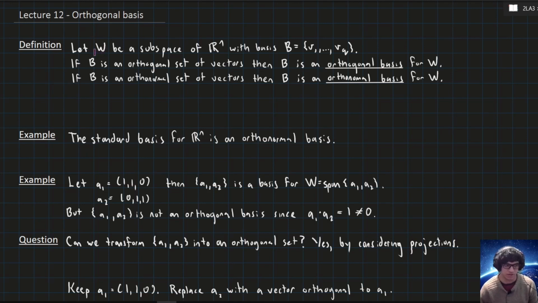So if we have a subspace W and it has some basis B, some set of vectors B, then if B happens to be an orthogonal set of vectors, then B is called an orthogonal basis for W. Also, if B is an orthonormal set of vectors, then B is an orthonormal basis for W. So an easy example of an orthonormal basis is the standard basis for Rn.